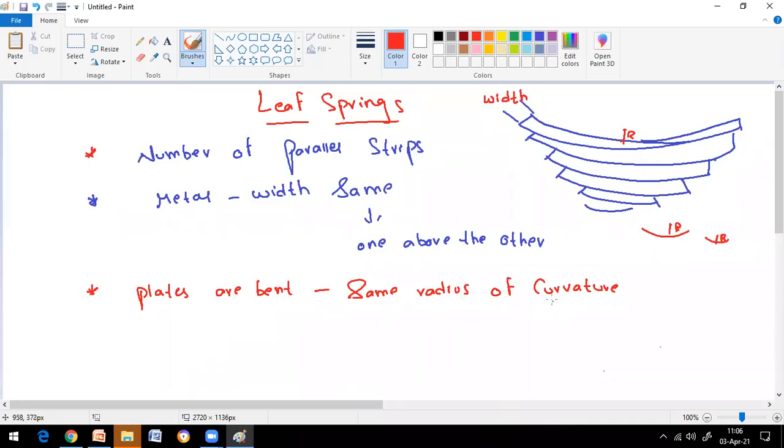Why do they have to maintain the same radius? To have contact at their edges. Only then will the load be transferred eventually from one plate to the other. Clear?